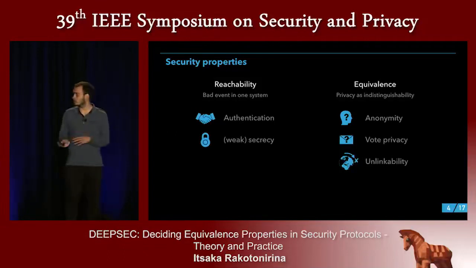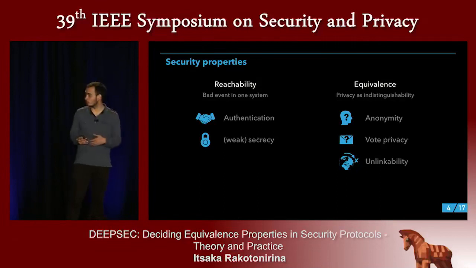There are two kinds of security properties, actually. The first one is to state insecurity as the reachability of a bad event in the protocol. For example, a bad event could be that the attacker can deduce my private key. One other possible way of formalizing insecurity is to state that the attacker has the ability to distinguish between two situations.